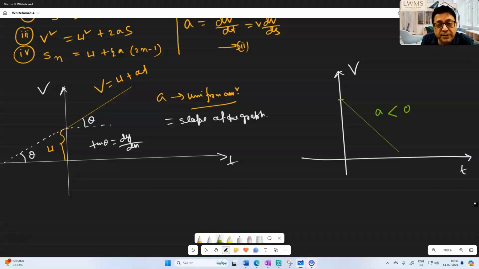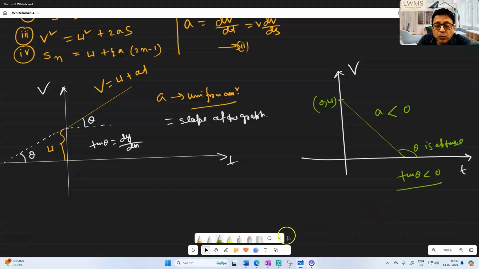This is the velocity time graph. From some initial velocity u, gradually it is sloping down. If you find the slope of the tangent to the curve, this theta is obtuse. Theta obtuse means tan theta is less than 0.